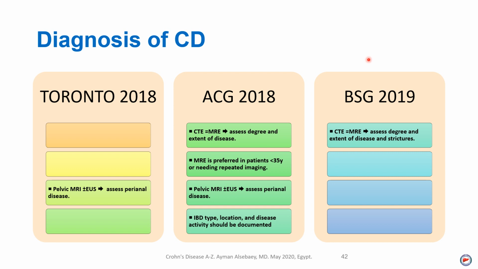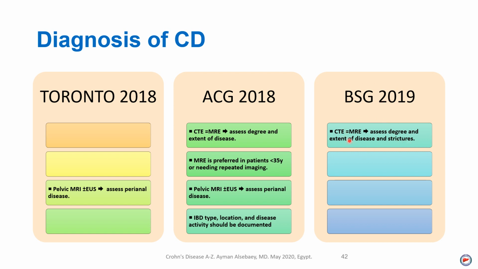In the diagnosis also, CT enterography and MR enterography are equal, okay? But due to the concern of radiation with CTE, the ECCO has recommended that MRE is preferred in patients less than 35 years old or needing repeated imaging.